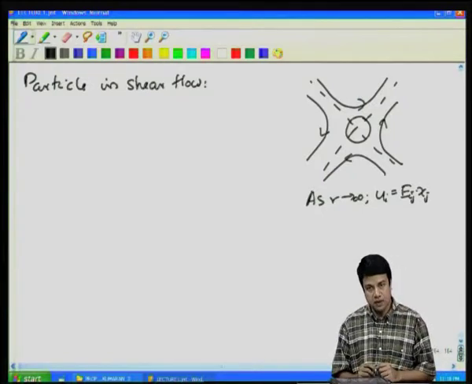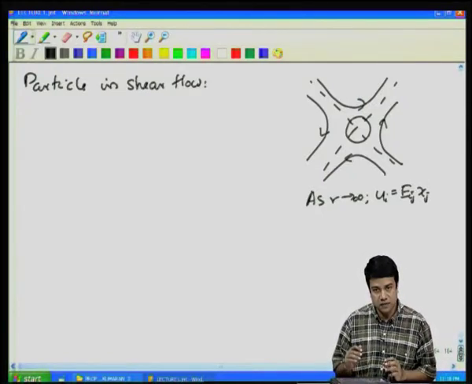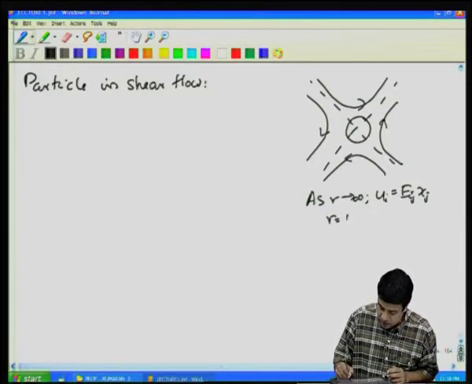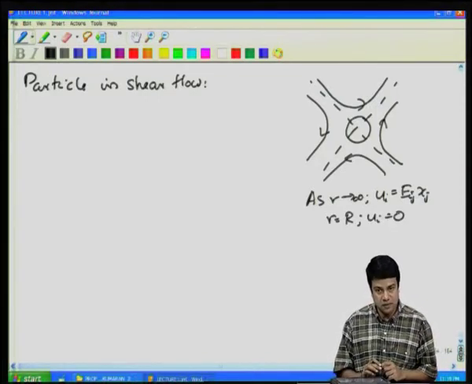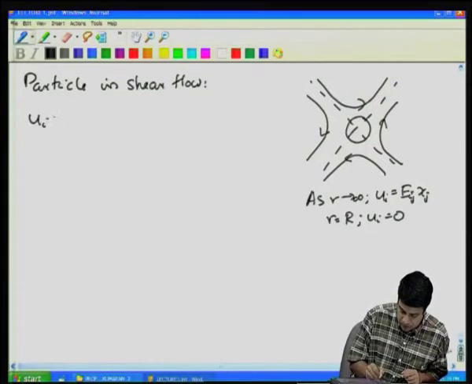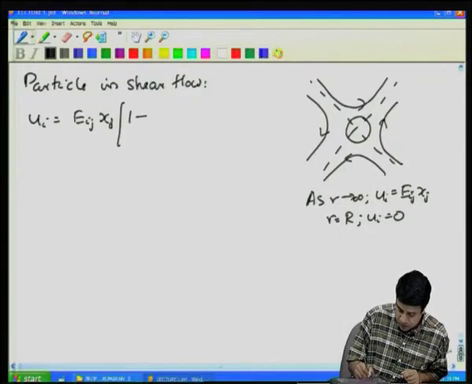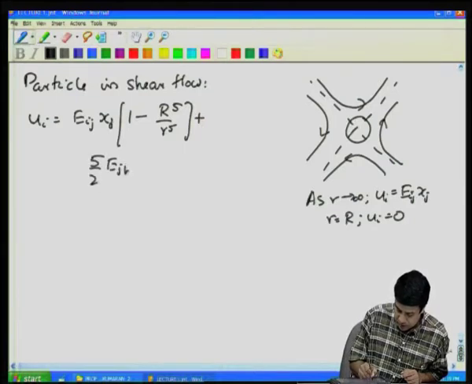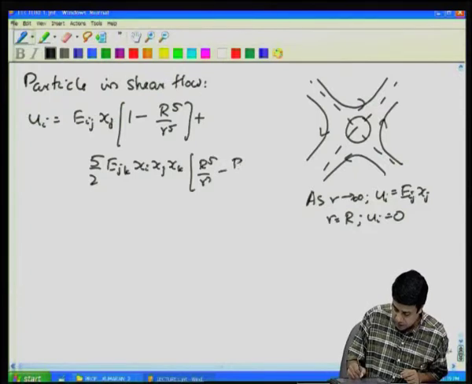And at r equal to capital R, if you subtracted out the rotation, that means that the sphere is stationary, so u_i is equal to 0. Once again, we had solved this problem. u_i is equal to E_ij x_j into 1 minus R power 5 by r power 5, plus 5 by 2 E_jk x_i x_j x_k into R power 5 by r power 7 minus R cubed.